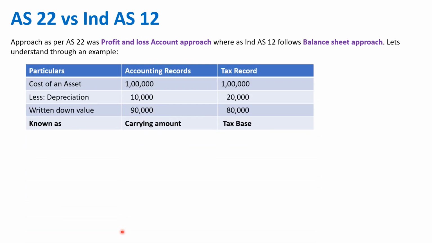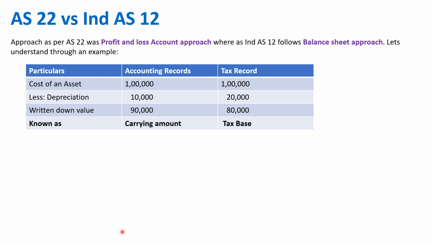Let's take we have one asset. The cost of the asset is 1 lakh, and this cost is reported as 1 lakh in both tax records as well as accounting records. The depreciation per year is 10,000 under accounting rules, and it's 20,000 under tax records because the tax rates are higher.